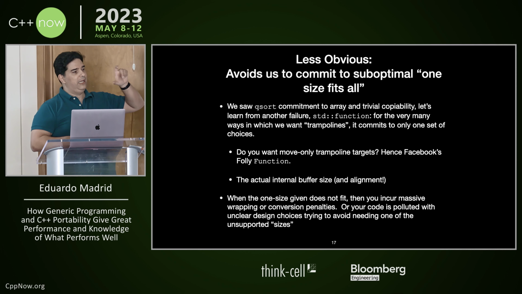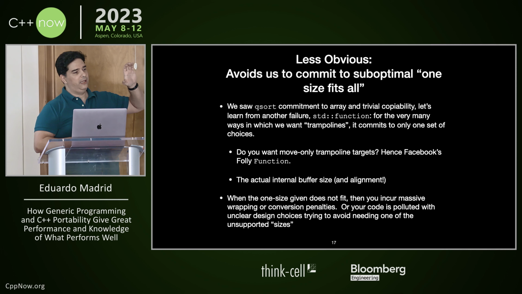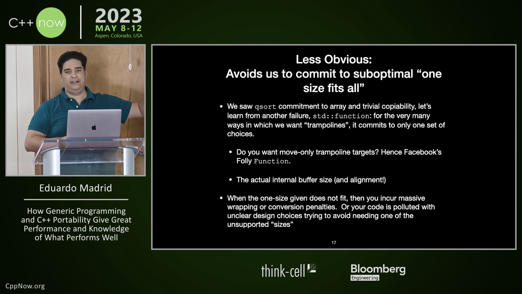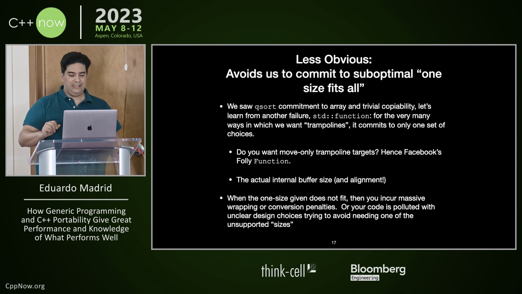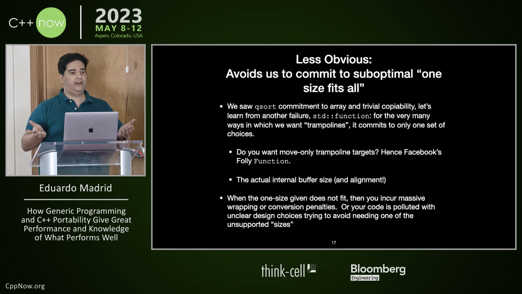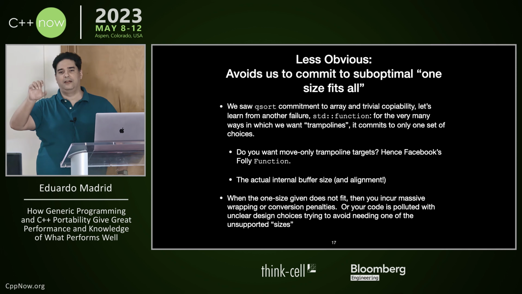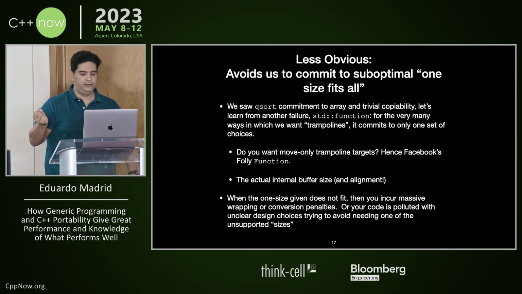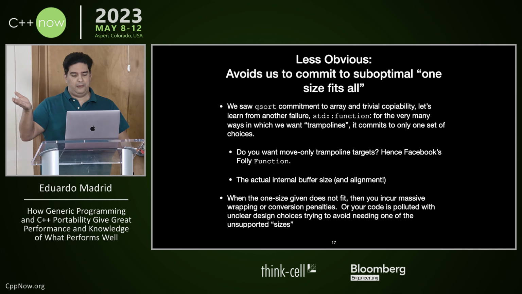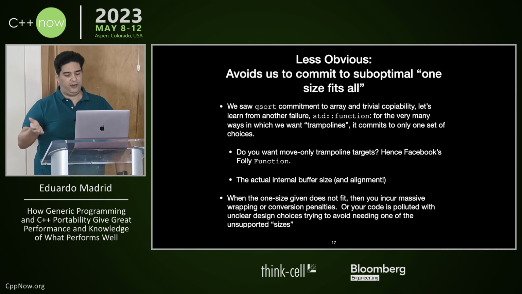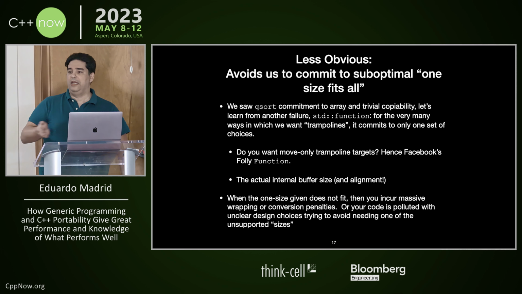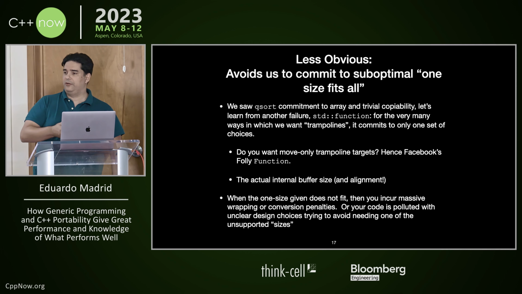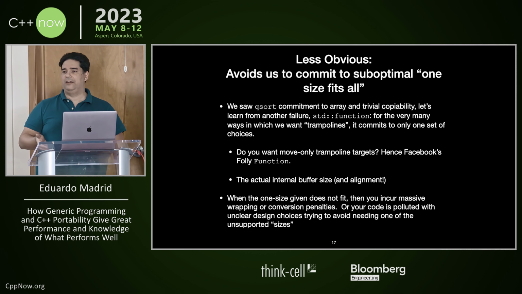Not only the ones related to the internal size and alignment of the buffer to hold the targets of the trampoline, but for example, it requires copyability. So to eliminate this imposition on the programmer, this railroading, big teams like, for example, Facebook's Folly implemented a version of function that doesn't have that requirement.